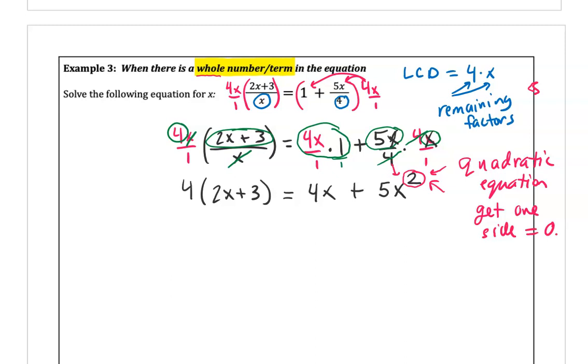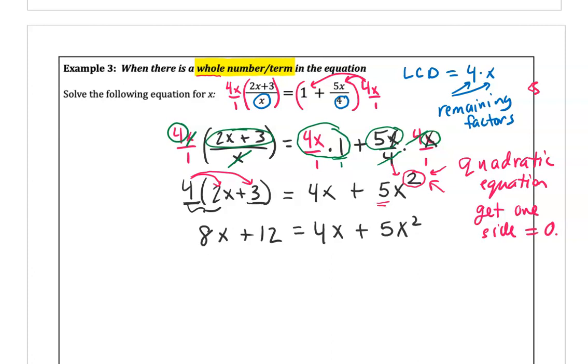And I personally like to keep the x squared numbers positive. So first I'm going to distribute my 4 over here so that I can see what terms I'm working with. So this part turns into 8x, and then this turns into 12. And then I have 4x plus 5x squared on the right.